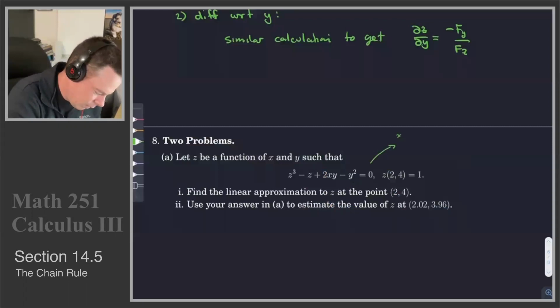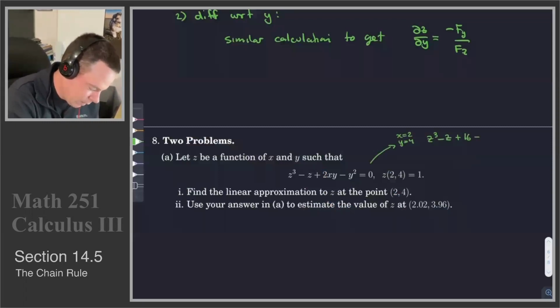So if we plug in x equals 2, y equals 4, we get z cubed minus z plus, 2 times x times y is 2 times 2 times 4, that's 16, minus y squared, that's minus 16, is equal to 0.